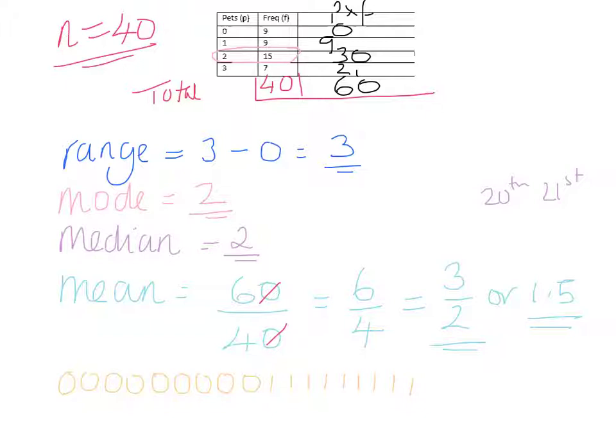Then I'll have 15 twos. And then I'll have 7 threes. Just in case you were not associating the list with the table, that's the list of data that we would have started off with. And we've tabulated it into this frequency table. Okay, hope that helps.